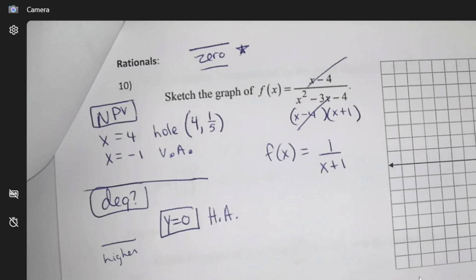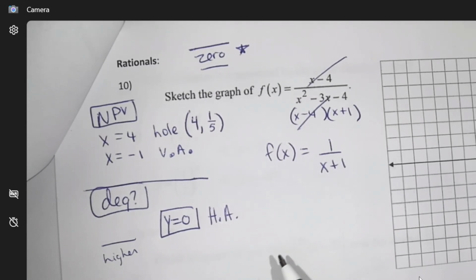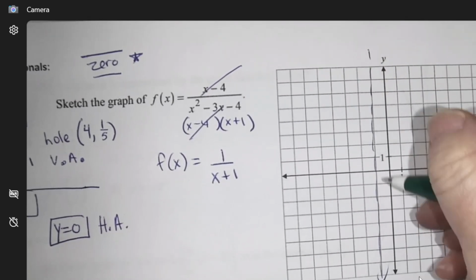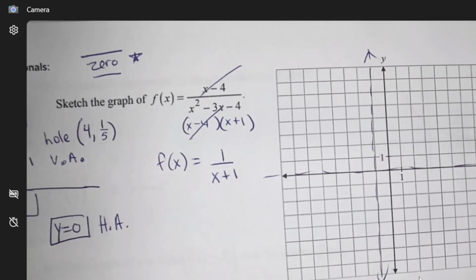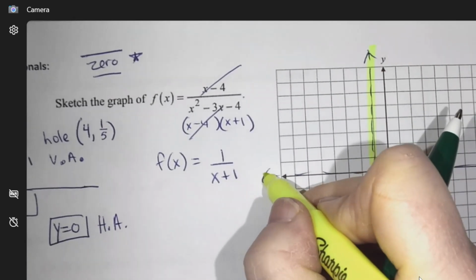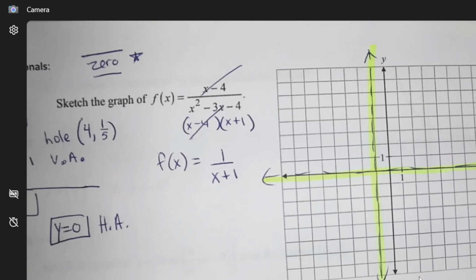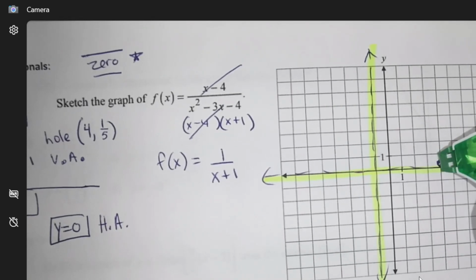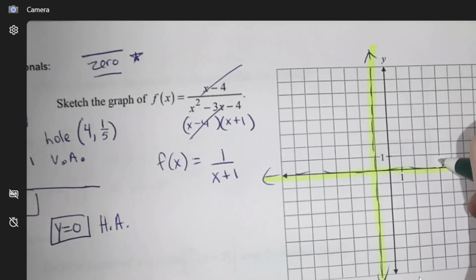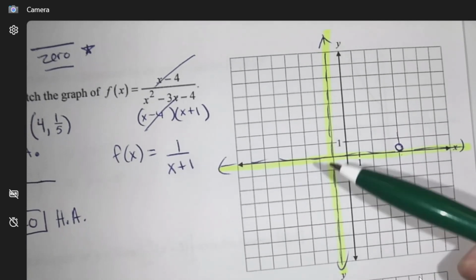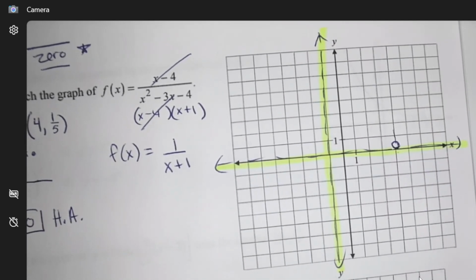If the degree is higher on the top, nothing. Okay, so there's my 3 things: vertical asymptote, horizontal asymptote, hole.